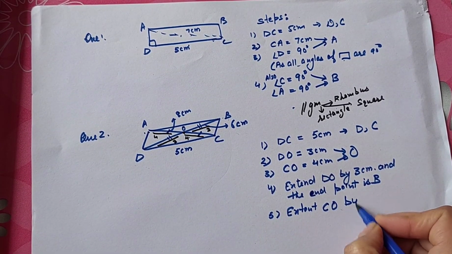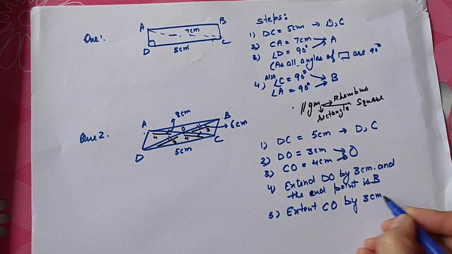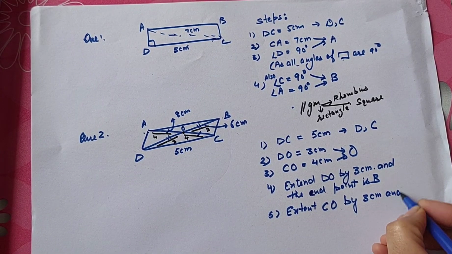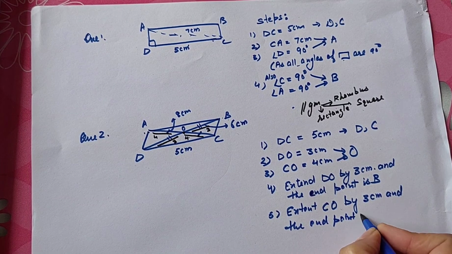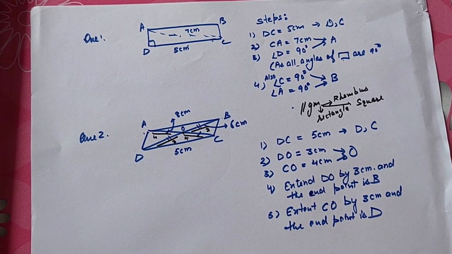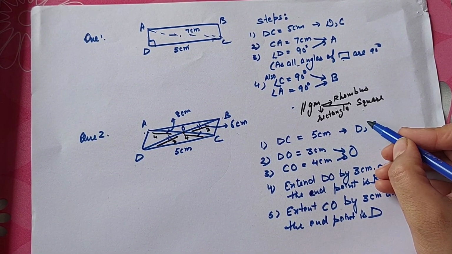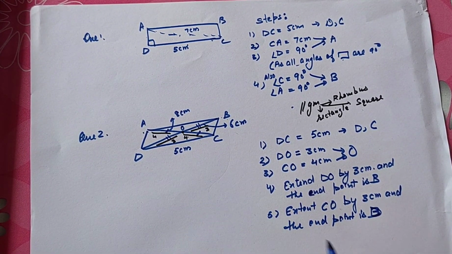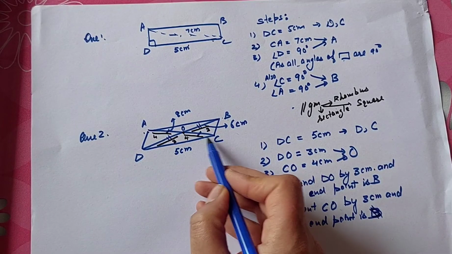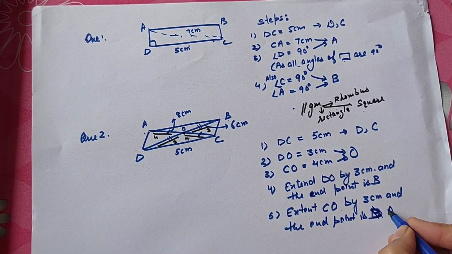So here by 3 centimeter and the end point is D. Very sorry, we are extending CO and the end point is A.